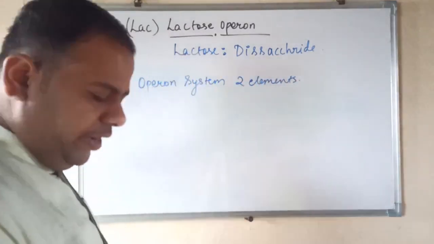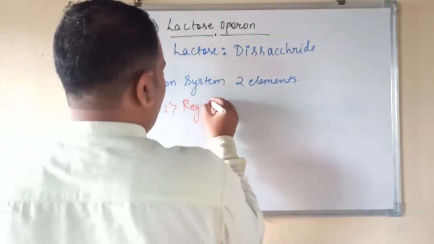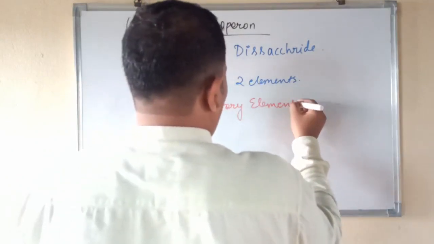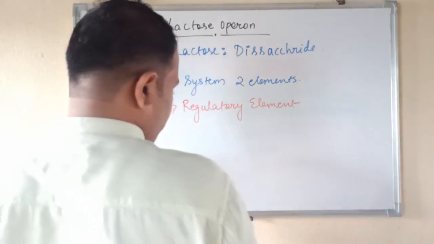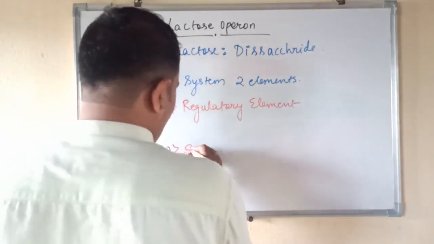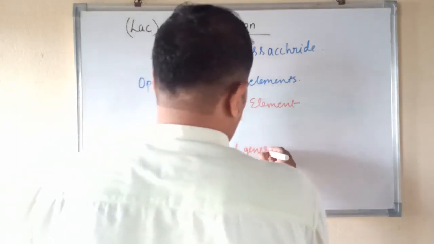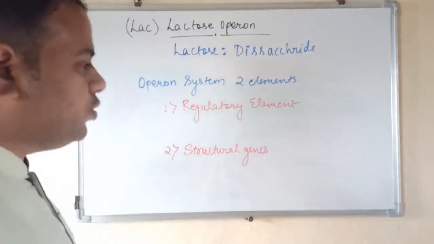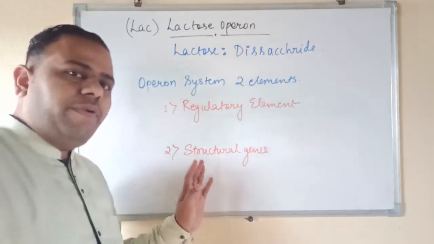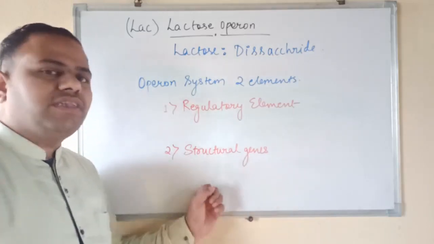The first element is the regulatory element, and the second is the structural genes. Regulatory element means the elements which help in regulation of the operon. The elements which help in forming the actual enzymes are present in the structural genes.